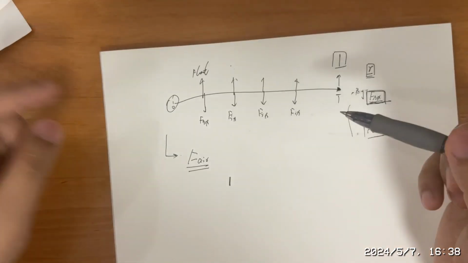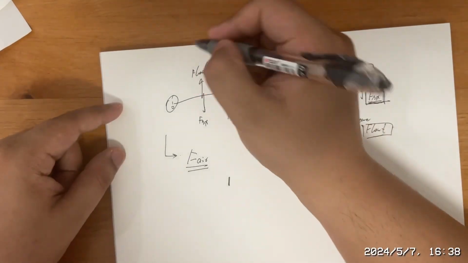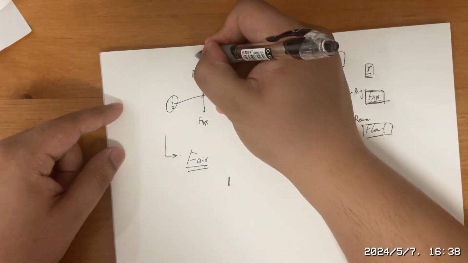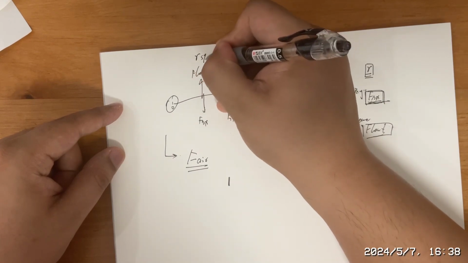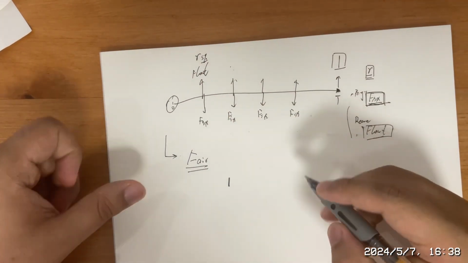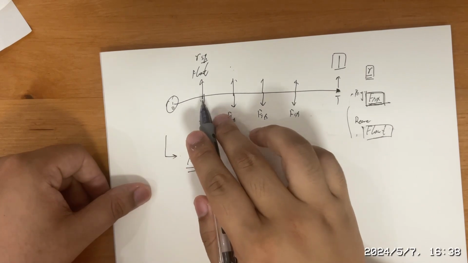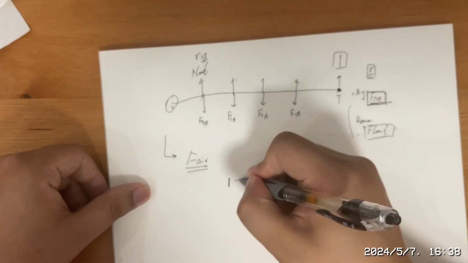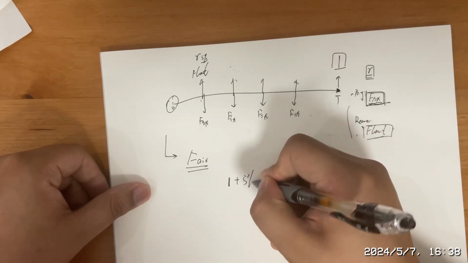For example, if the float rate is 5% for 1 year, at that time you get 1 plus 5%.